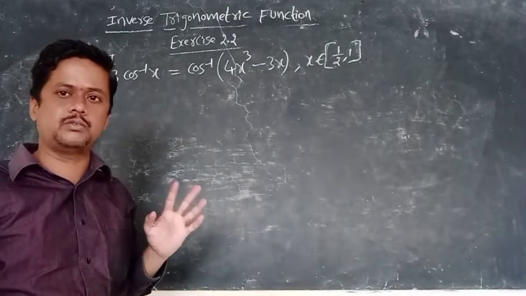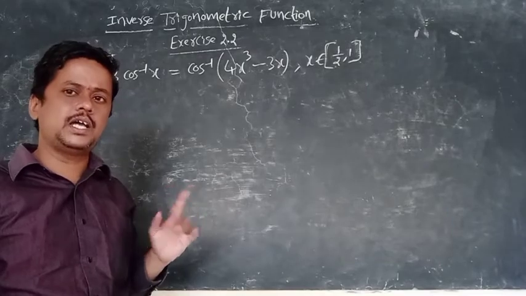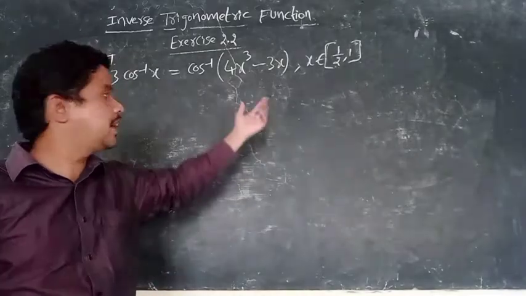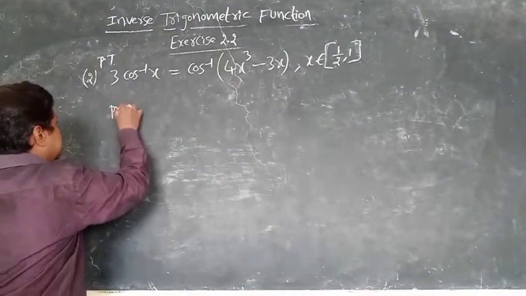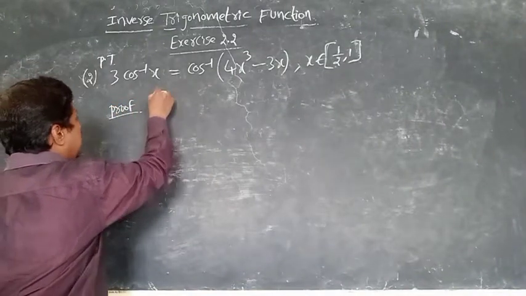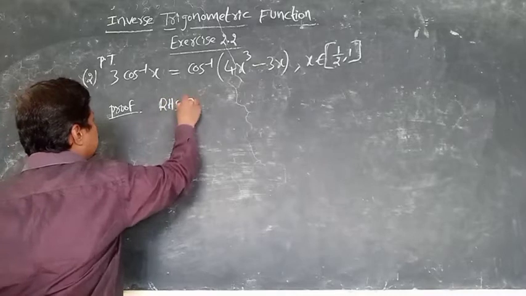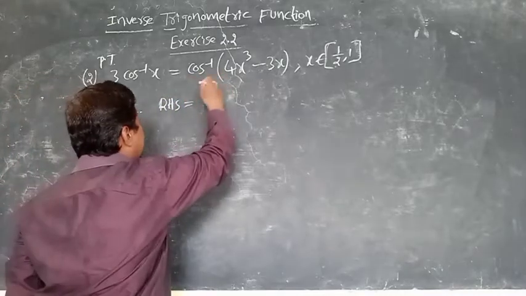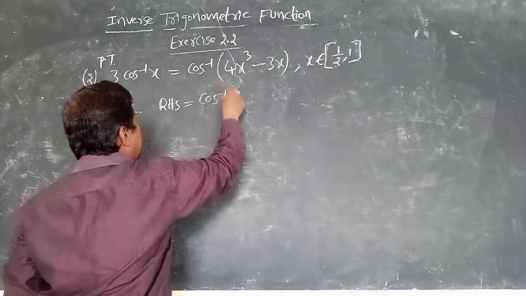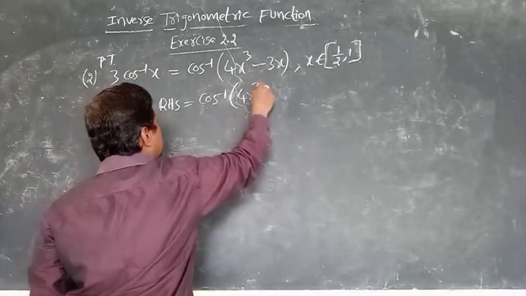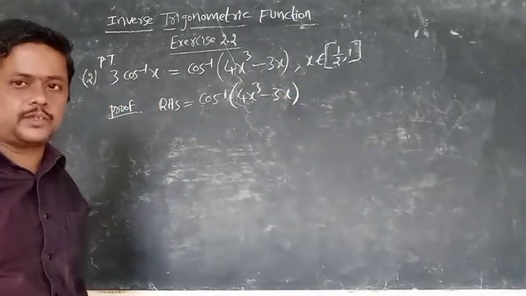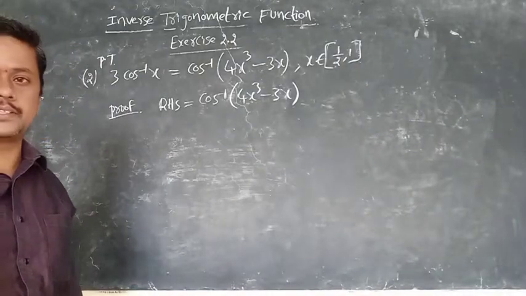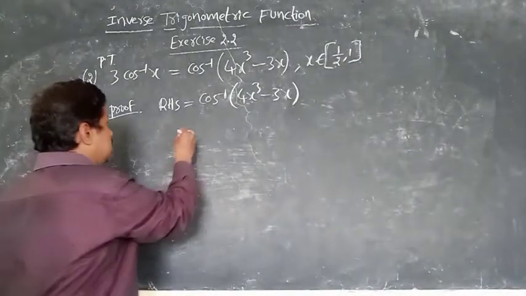RHS is more complex, so you take the RHS. RHS is cos inverse of 4x cubed minus 3x.